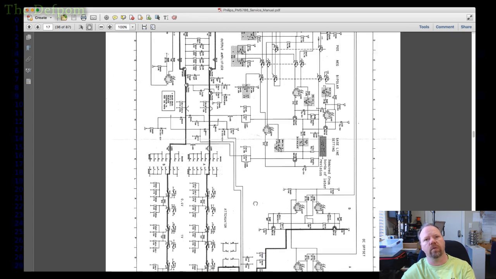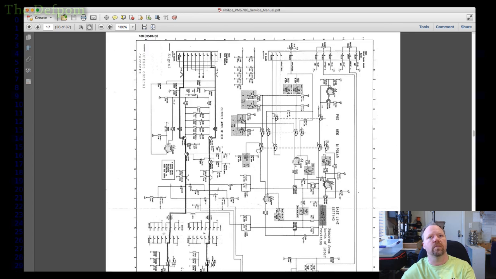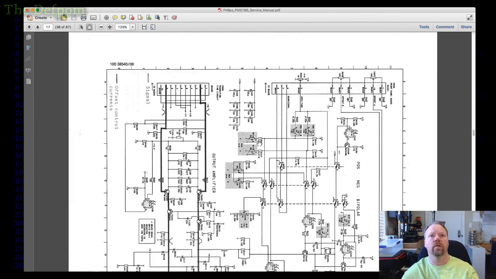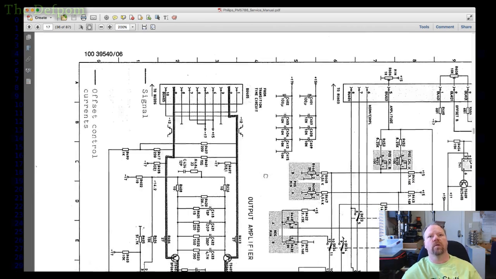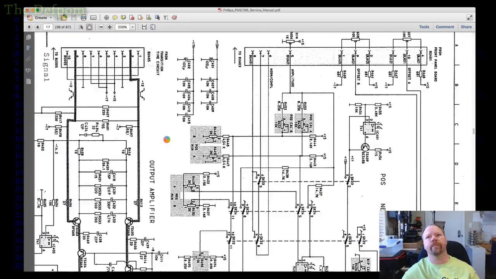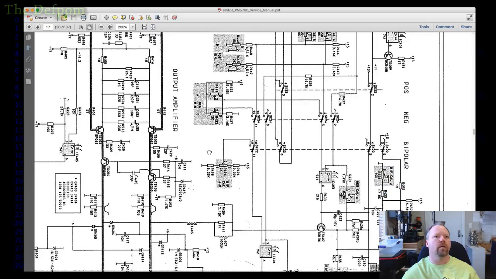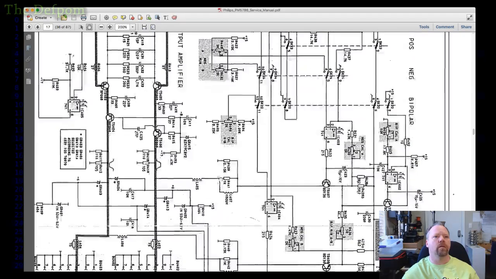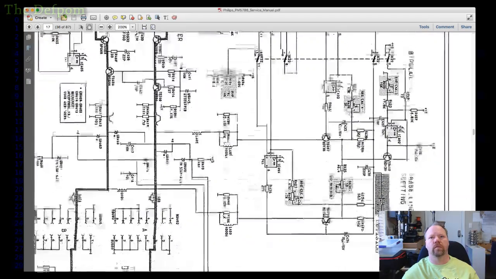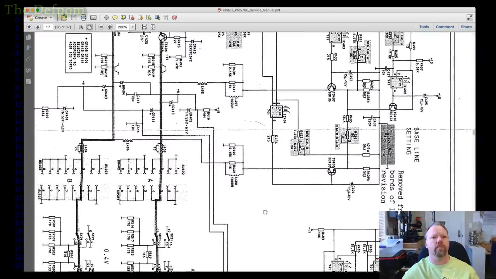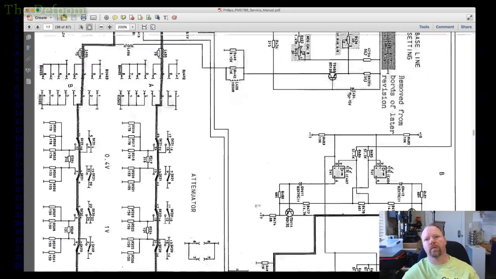Does he have a board? So, a close look at this. Here's some op amps in here. 741 op amps. Okay, that's certainly similar.